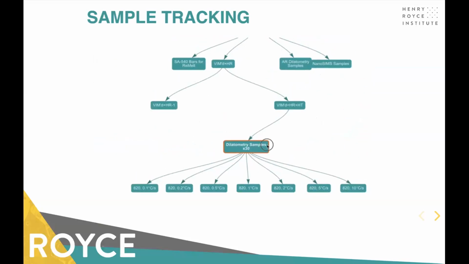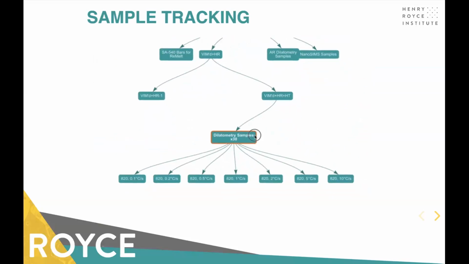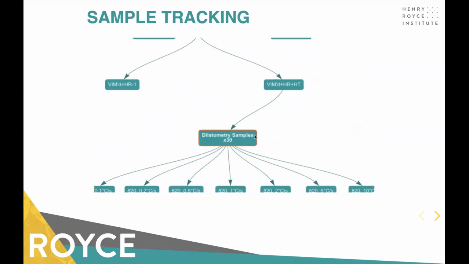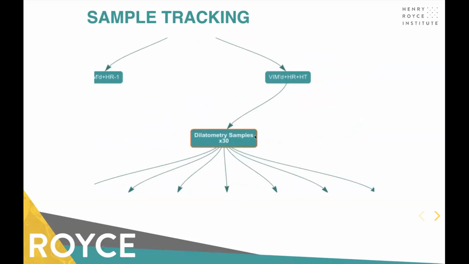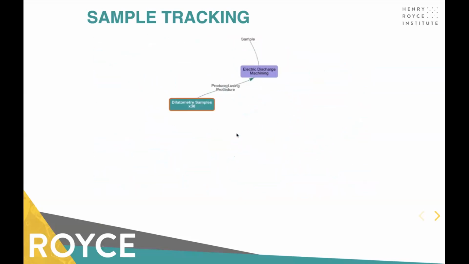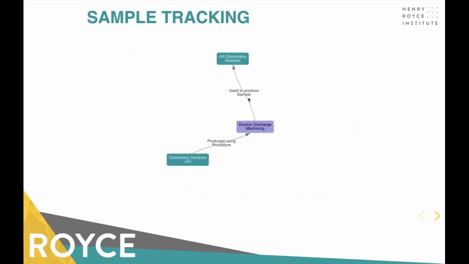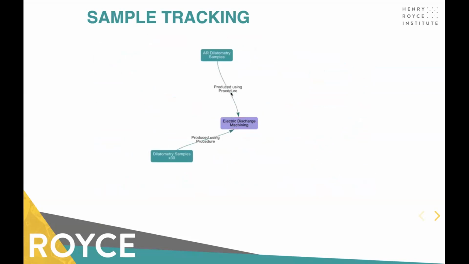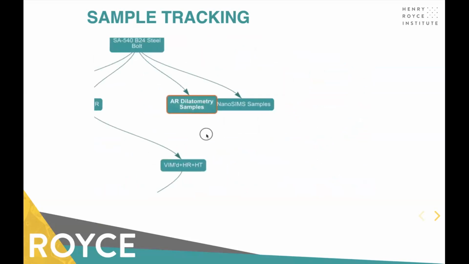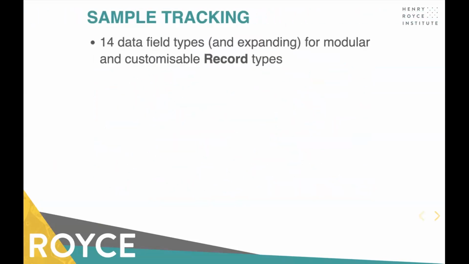We will see this later, but this is one of the most extensive uses of child-parent relationships that we have in one of our production instances of Ampletracks. It demonstrates how interesting it is to inspect how your metadata and your records are linked together. I'm going to now move on with the presentation.